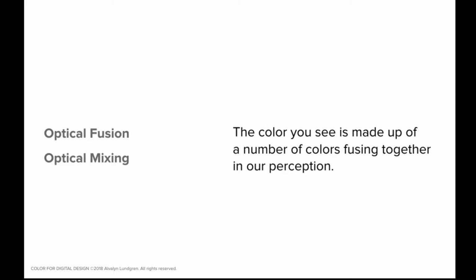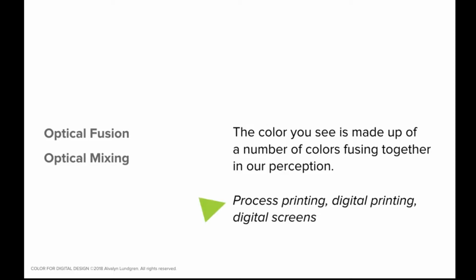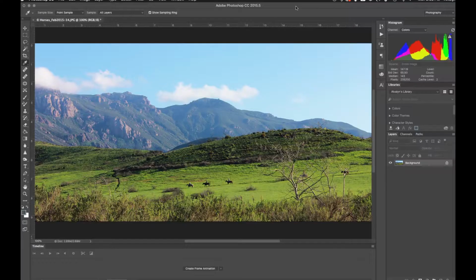This was explored to a great extent in Impressionism and Pointillism. And optical fusion is the basis for anything that you see on your computer display or your device. It's the basis for process printing, for digital printing, and anything involving the digital realm.